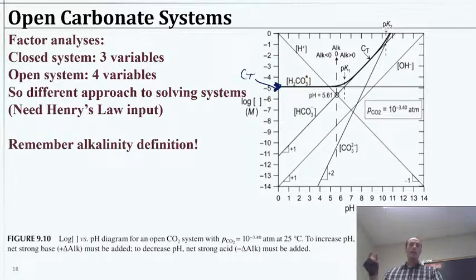As soon as you add exactly some amount of net strong base or net strong acid, you've changed the alkalinity by exactly that amount, right? Because you've shifted this. So just keep that in mind. If we have just a pure carbonate system, as soon as you add the net strong base or acid, that's how much you've changed your alkalinity. I guess that's always true.